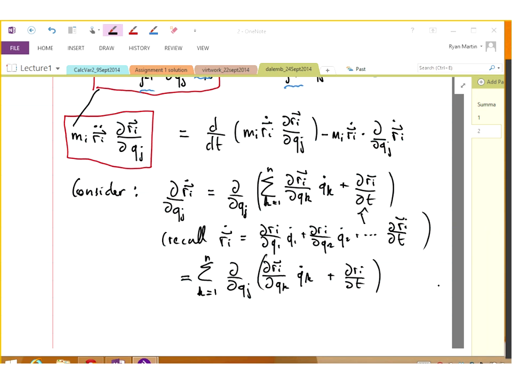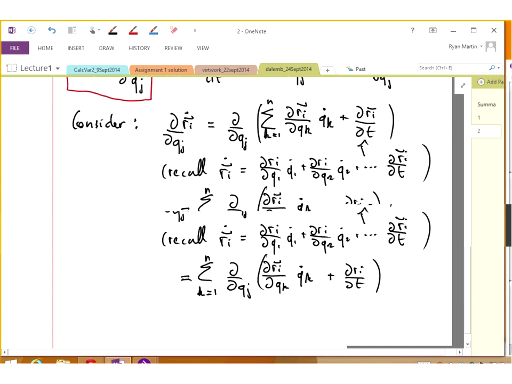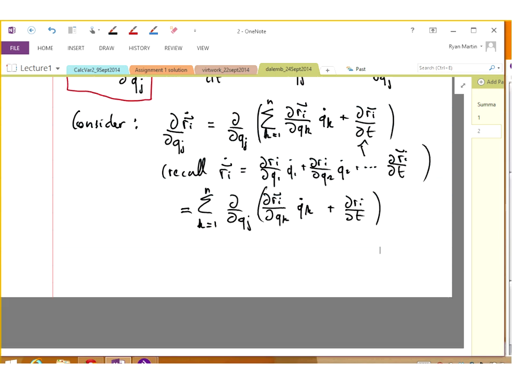Okay, well, as I was saying, the last term doesn't explicitly depend on qj. So the derivative of the last term, partial r by partial t, is 0, right? Now the first term in the parentheses does not depend on qj except when k equals j, right?